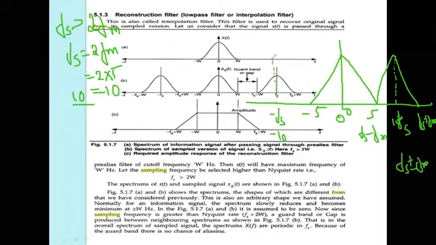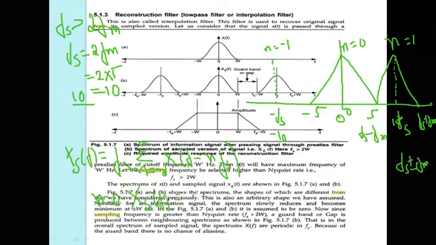At n is equal to minus 1, and n is equal to 1 here, and this one is n is equal to 0. In which equation are we substituting these values? X delta of F is equal to Fs sum of n from minus infinity to infinity of X of F minus n Fs. Okay, my dear students, for n is equal to 0, X delta of F is equal to Fs into X of F. And here the Fm exists in this condition.